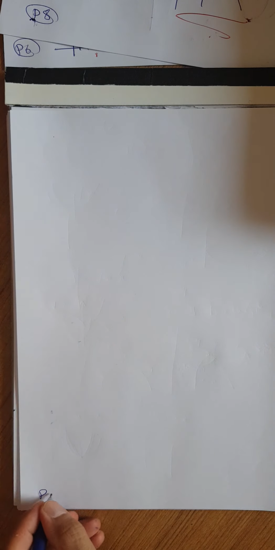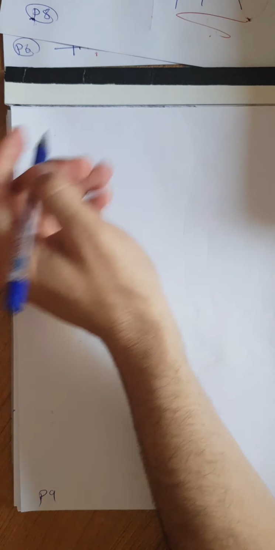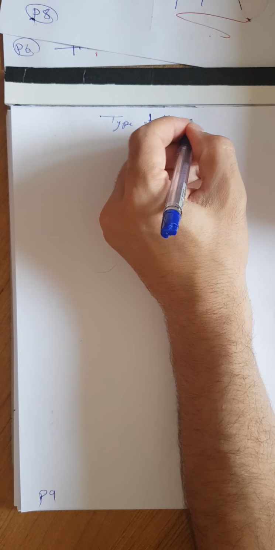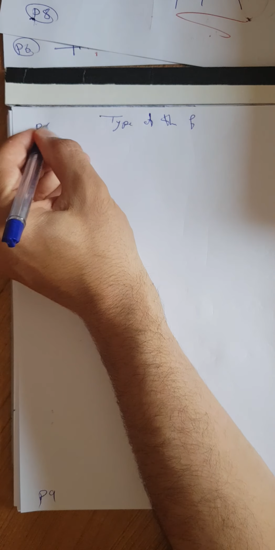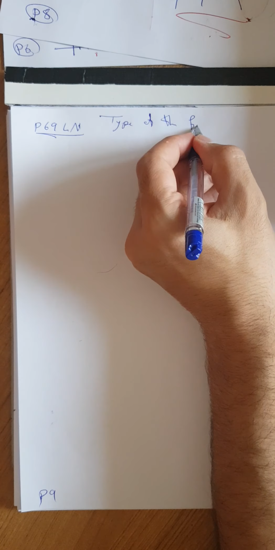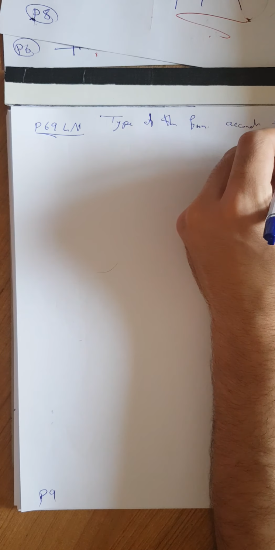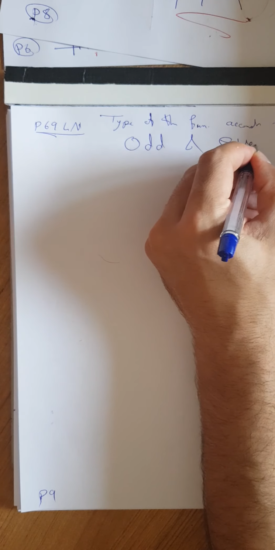That's all that you need here in 2.3. One more thing on page 69 in your lecture note, it's also important in the exam. Sometimes we have types of functions, according to odd and even.